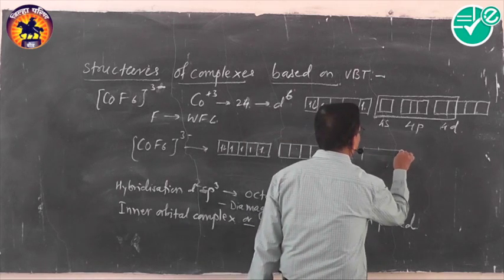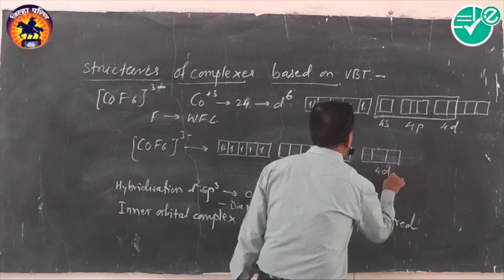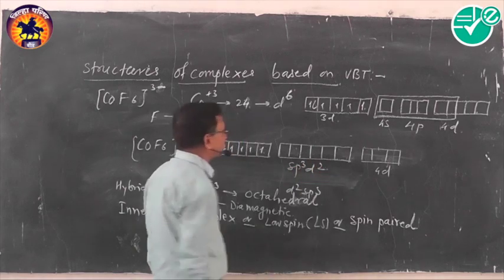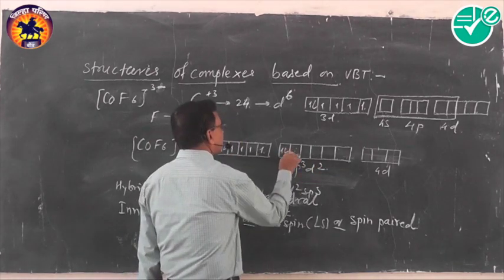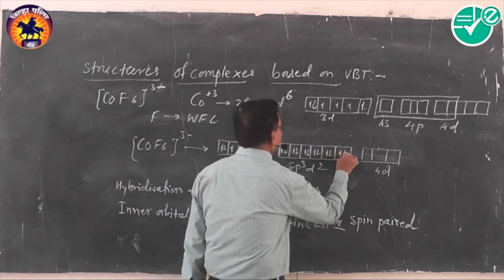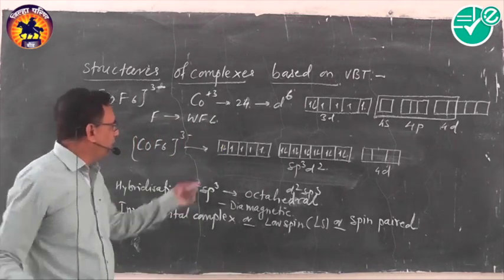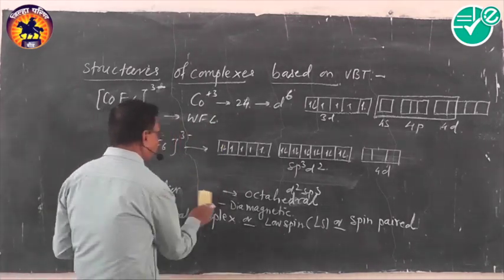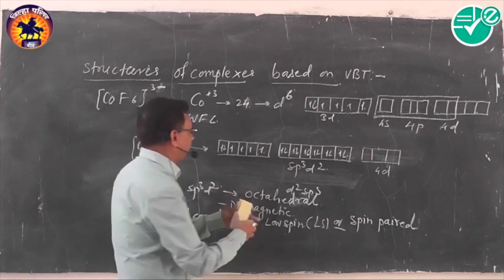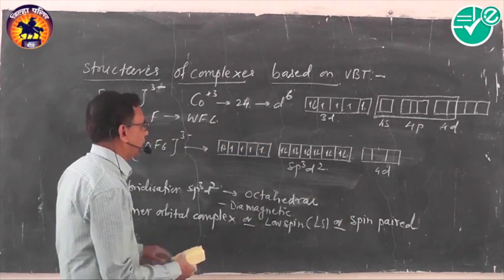And these are the vacant 4d orbitals. Now the hybridization is sp3d2. Since the hybridization is sp3d2, the geometry of the complex is octahedral.